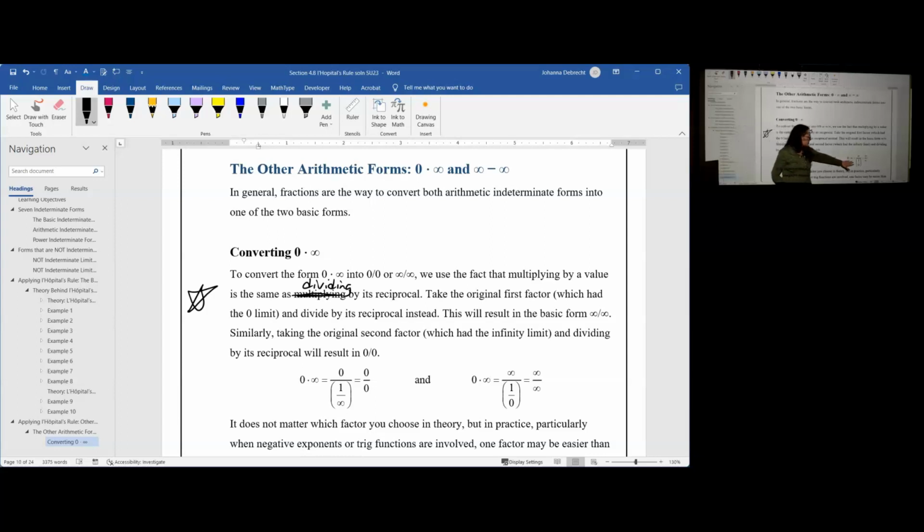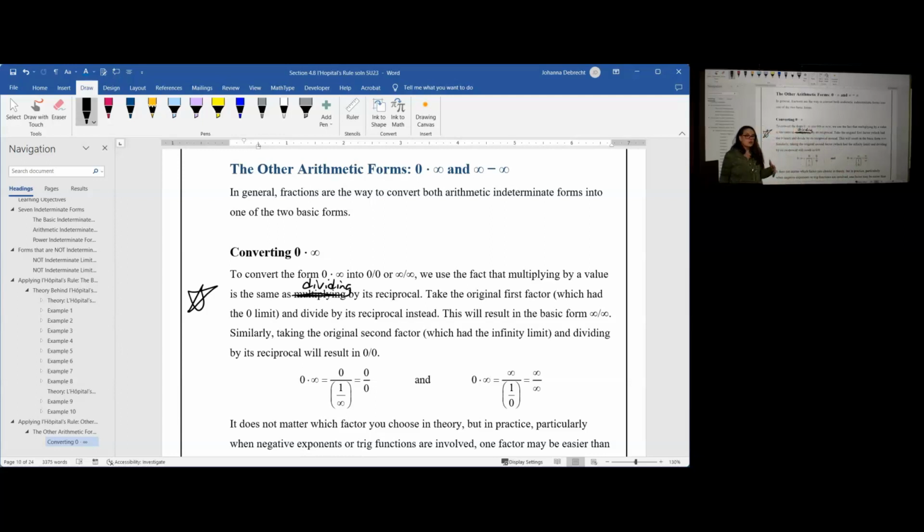If we had that, then we would still have the infinity in the numerator and 1 divided by 0 in the denominator. But when the denominator is approaching 0 and the 1 above it is fixed, we know that 1 over 0 approaches infinity, which gives us infinity over infinity, one of the two basic forms.